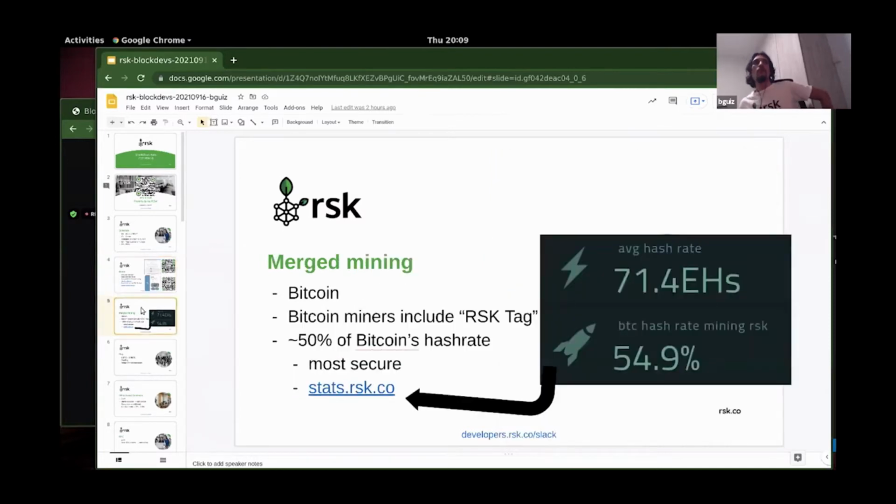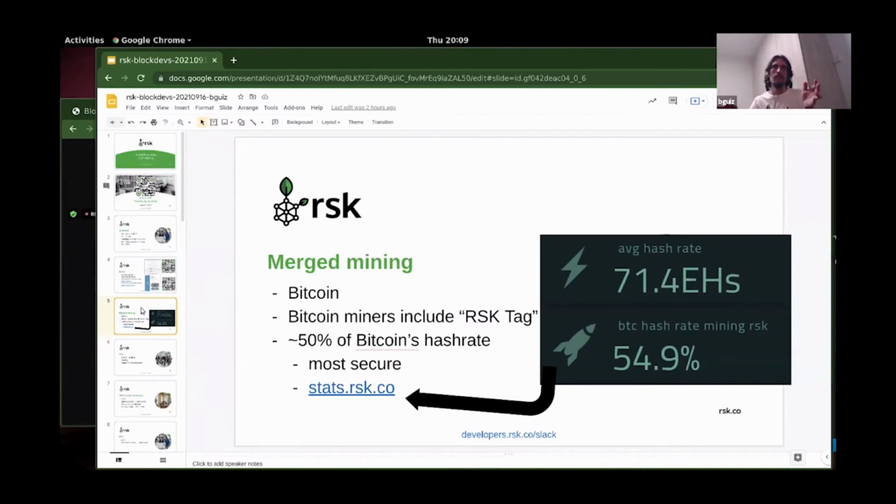All right, let's get started. So what is RSK? RSK is its own blockchain, right? However, it is not a layer 1 blockchain. It's what we call a layer 2 blockchain, with Bitcoin being the layer 1. The Bitcoin miners who are merge mining with RSK include something called an RSK tag inside a data field inside one of the transactions on the Bitcoin block. By doing so, they represent the state of the RSK network within the Bitcoin network, and they represent a certain percentage of the Bitcoin hash rate.